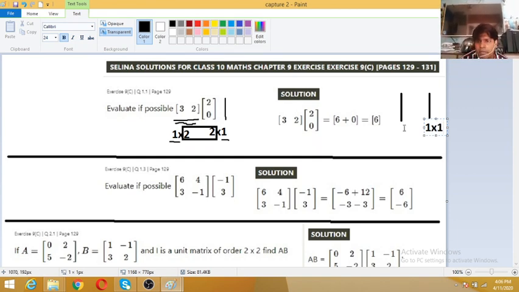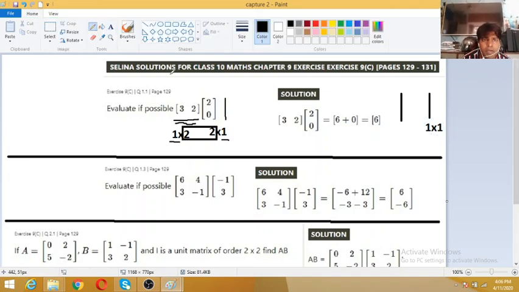So I go to my question. I have to multiply these two matrices, and then go to the answer part. I need to multiply the first row with the first column. So 3 2s are 6, and then 2 into 0 is 0.